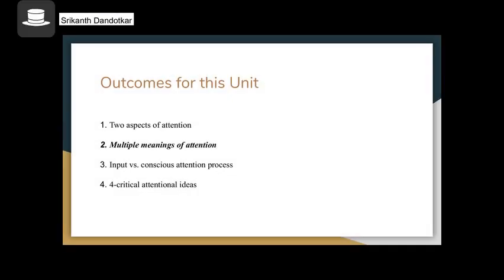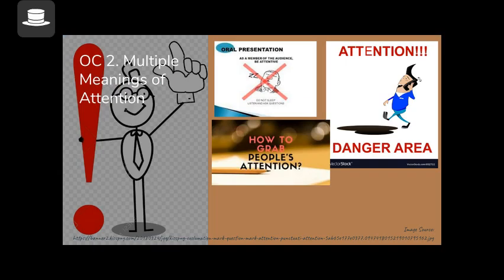And the second outcome for this video is to talk about multiple meanings of attention. Now, if you think about it, the word attention is used in so many different ways, right? For instance, you can say, attention, it's a danger area out there. Maybe if you're in class, your teacher may say, pay attention, as if it's a resource you are required to spend.